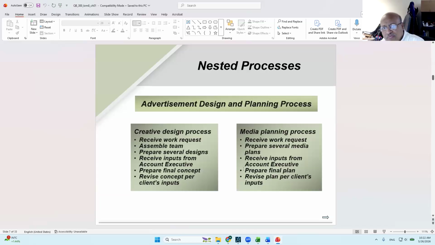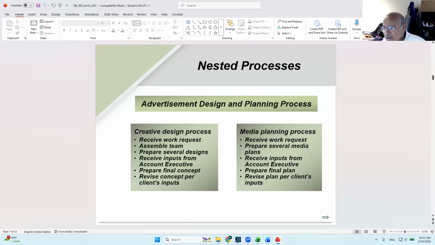You can think of nested process as creative design process, and within creative design process there are receive work, assemble team, prepare several designs, receive input from accounting, prepare final concept, revise concept per client input. Each and every one is a nested process within creative design process.